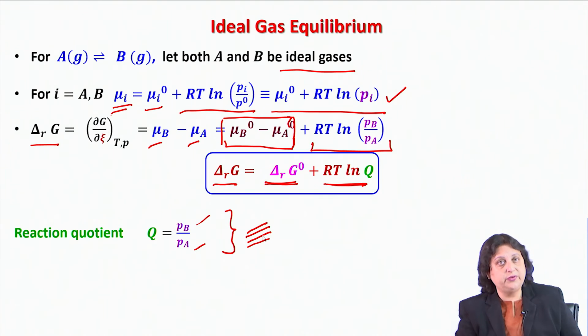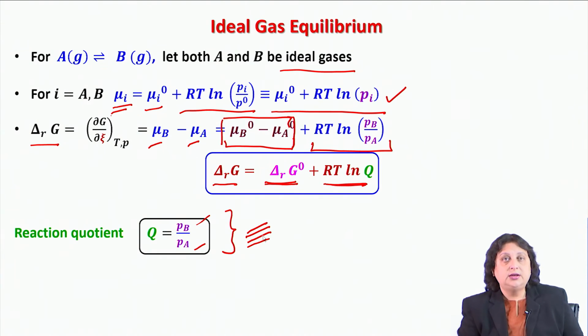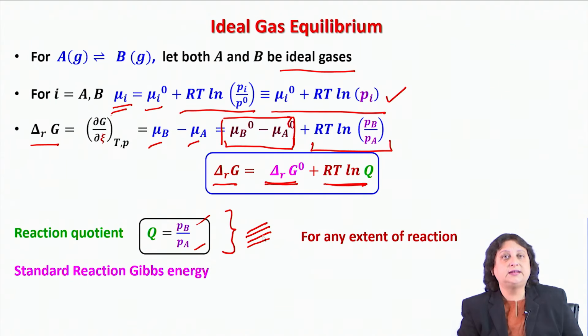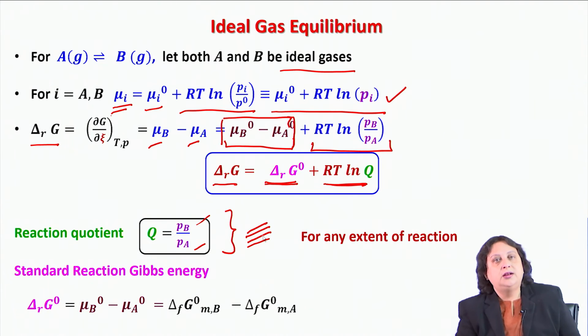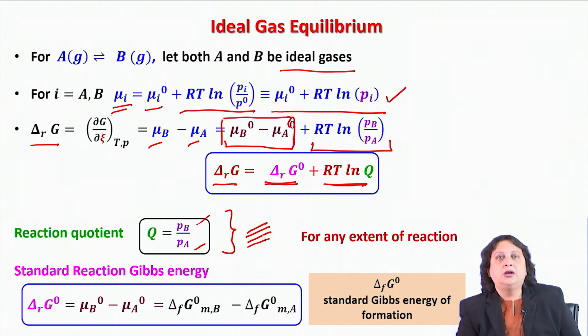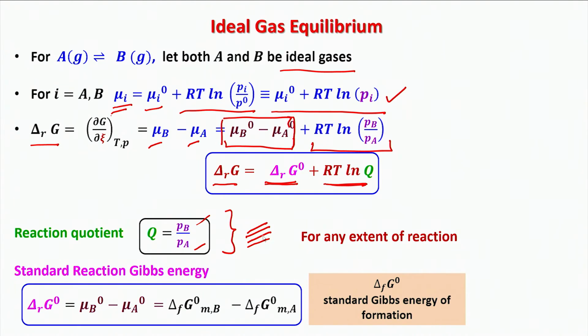So it is possible to evaluate Q. And you must also realize that the standard reaction Gibbs energy can be determined in terms of the standard Gibbs energy of formation, which have been tabulated in the literature for a very long time for a very wide range of chemical species. Therefore, now you see that the task has been simplified.